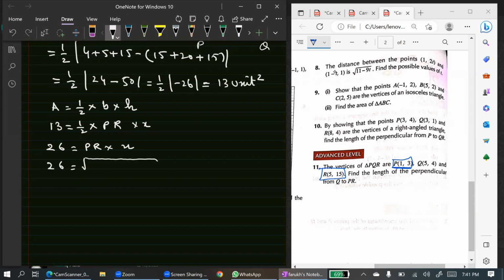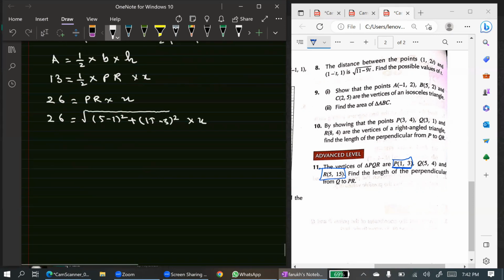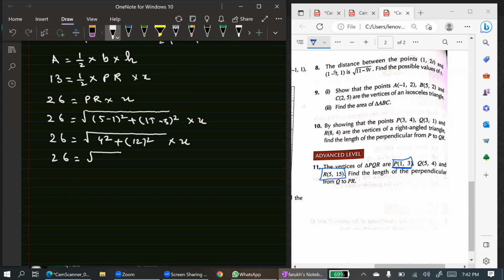We'll find the length of PR: 5 minus 1 whole square plus 15 minus 3 whole square, into x. 26 is equal to 5 minus 1, 4, 4 square, plus 12 square, into x. 16 plus 144, 160.